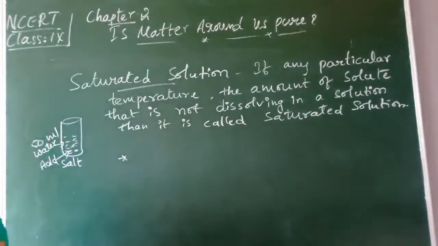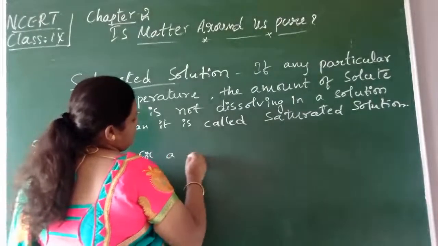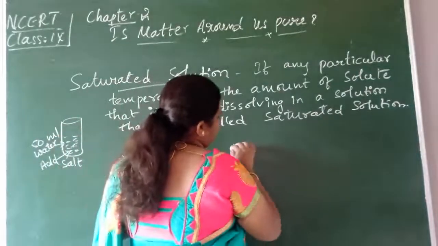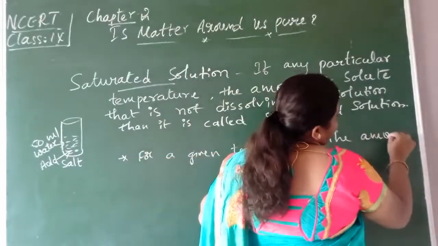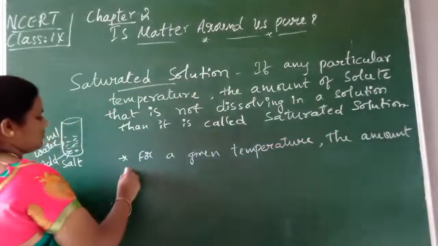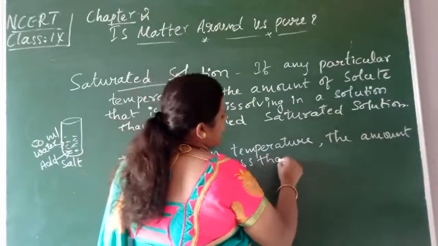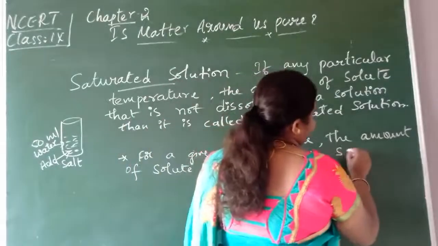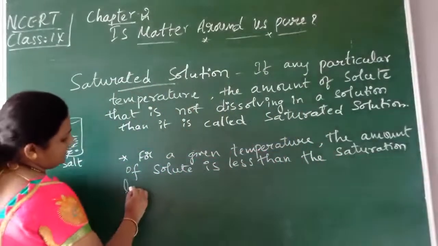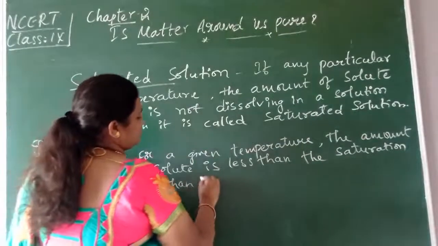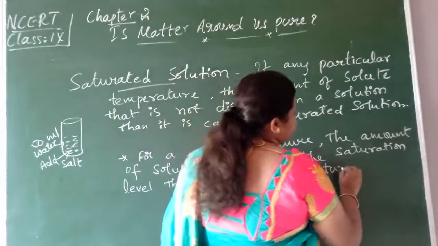How will we define an unsaturated solution, children? For a given temperature, if the amount of solute is less than the saturation level, then it is called an unsaturated solution.